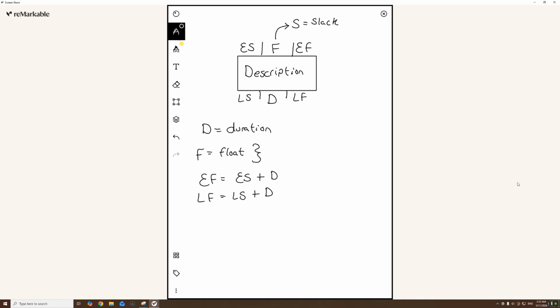So the float will be the difference between either the late start minus the early start, or late finish minus early finish. So in other words, take one of the start or finish times on the bottom and subtract it by the associated value on the top. This will give you the project float.